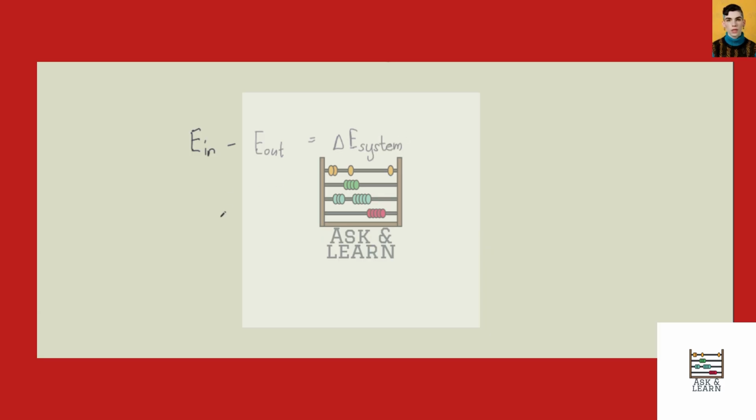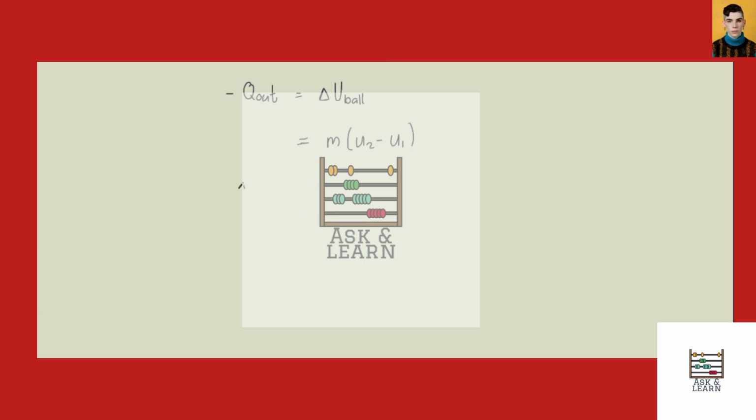Now, the energy is leaving the ball bearing, so we have a heat transfer out, minus Q, and this is equal to the change in internal energy of the ball bearing, delta U. And delta U can be written as m, we bring out the m, times U2 minus U1, the specific internal energies.